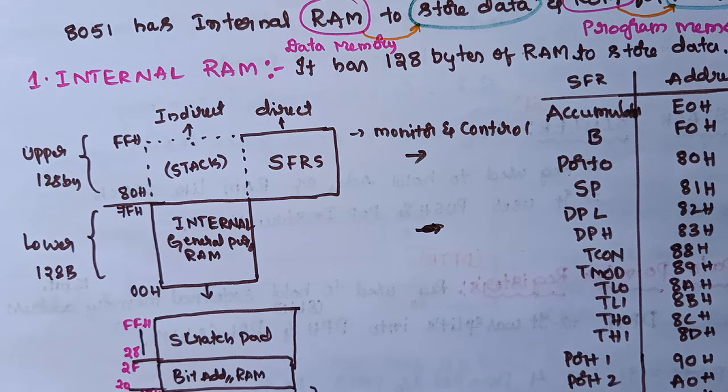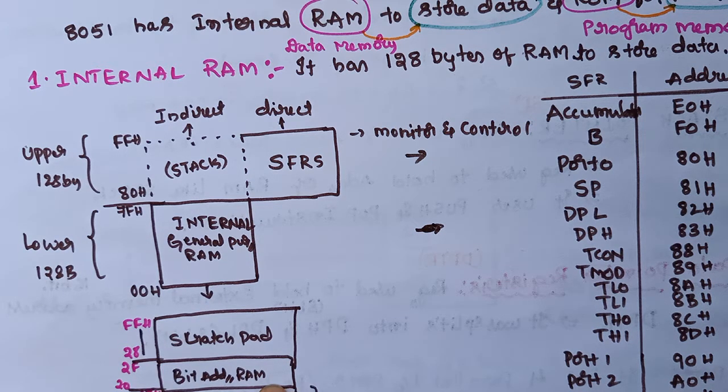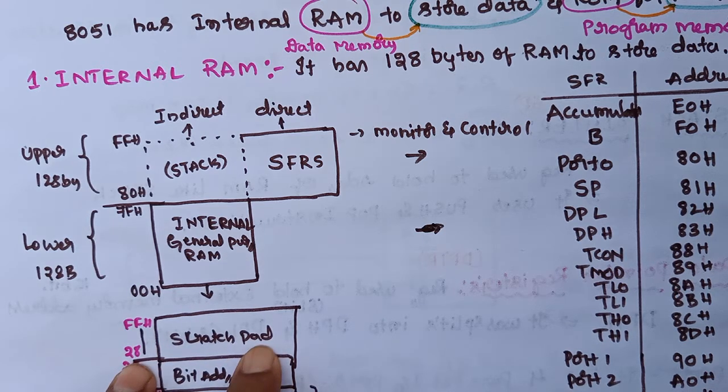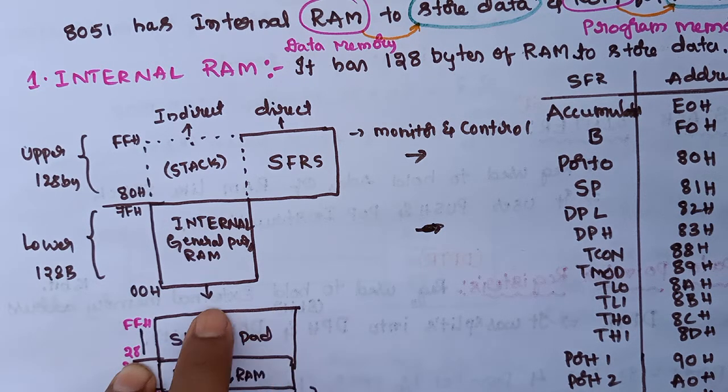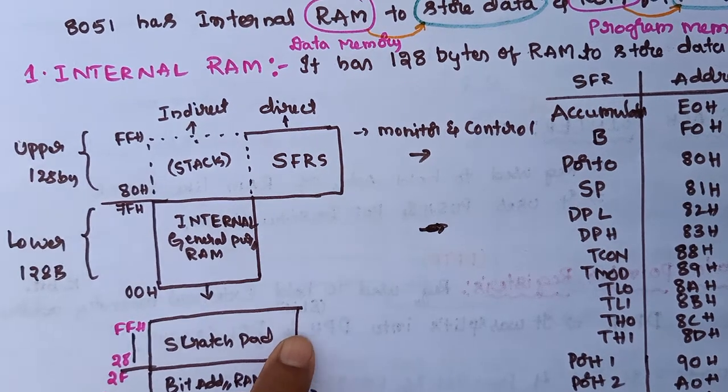The remaining locations 20 to 2F can be used to store bit addressable information, and 30 to 7F we can use as scratchpad memory or for general purpose applications, to store some information.